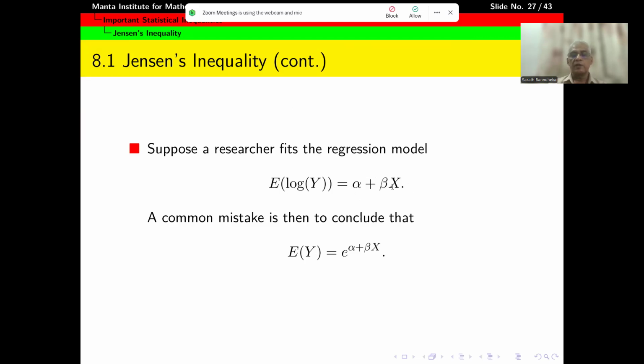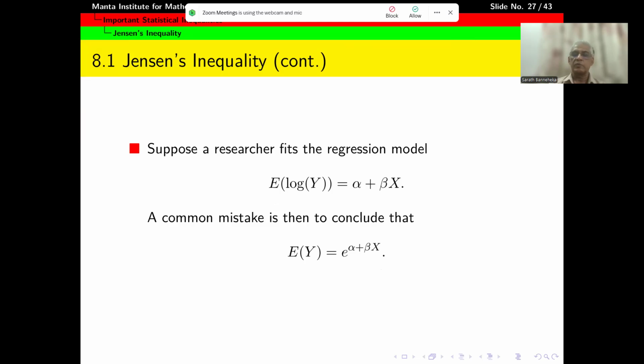E to the power alpha plus beta x would be equal only to exponential of expected value of log of y. But that doesn't imply that expected value of y is equal to it; you cannot take the log outside of the expected value and then take the exponential. That's not valid for this random variable. And therefore, this thing will not imply this expression, right? So don't make that mistake.